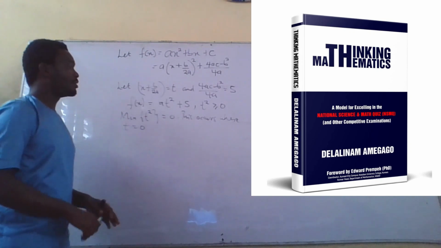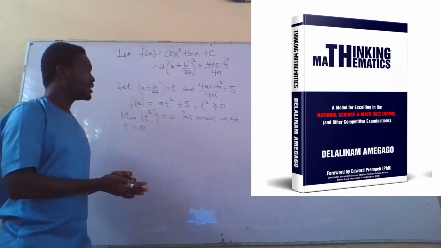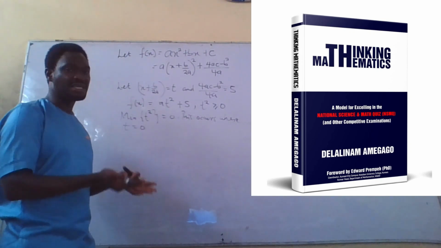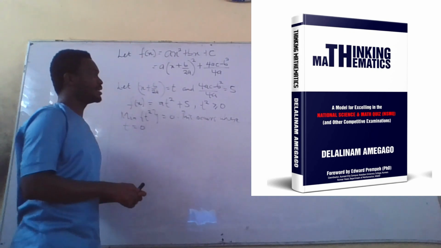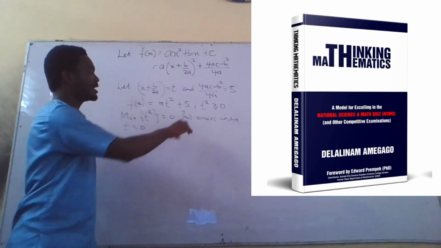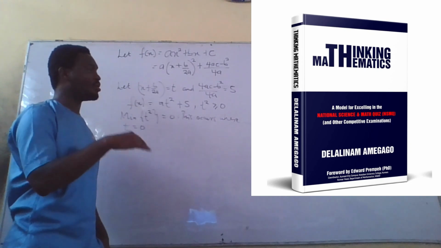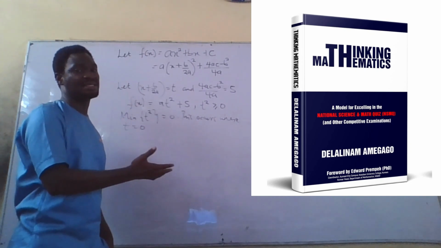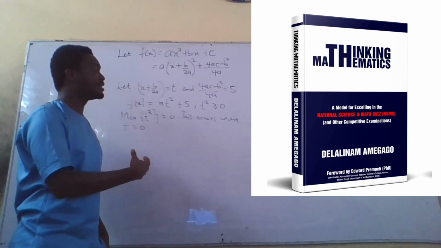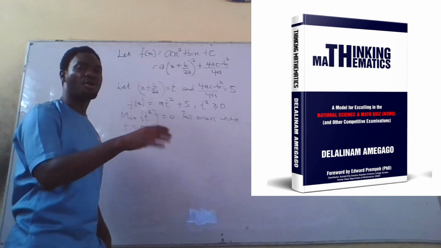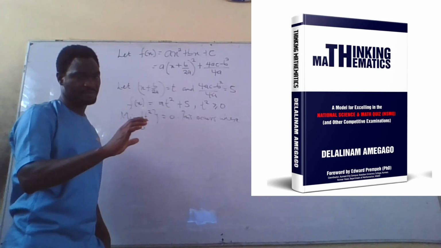Again, because t squared is non-negative, what this means is that as t gets more and more positive or more and more negative, t squared gets more and more positive.